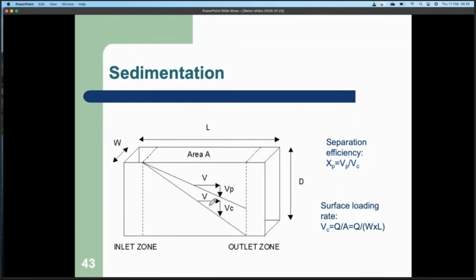That settles much faster. So we really are talking, normally, of a residence time in a sedimentation tank of about 6 hours. Could be slightly less, could be slightly more, but I have some photos for you in a later session.